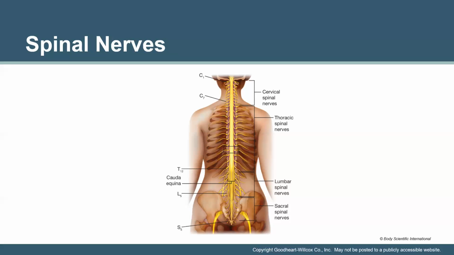The collection of the nerve fibers in the inferior vertebral tunnel is called the cauda equini. Now, I mentioned that the cord itself does not go the whole way down and stops about L1 or L2, okay? So this area right here, if you're looking at this slide, but also this picture is on page 227.